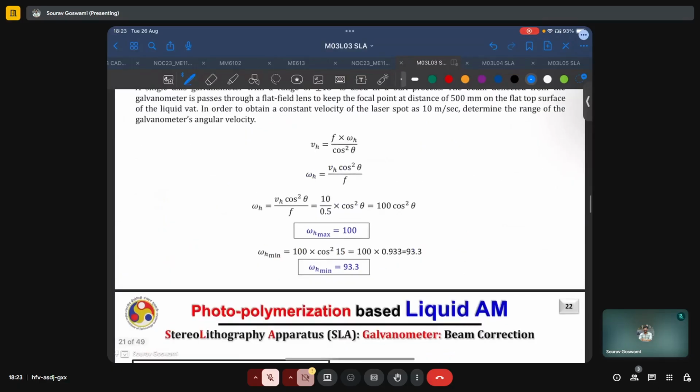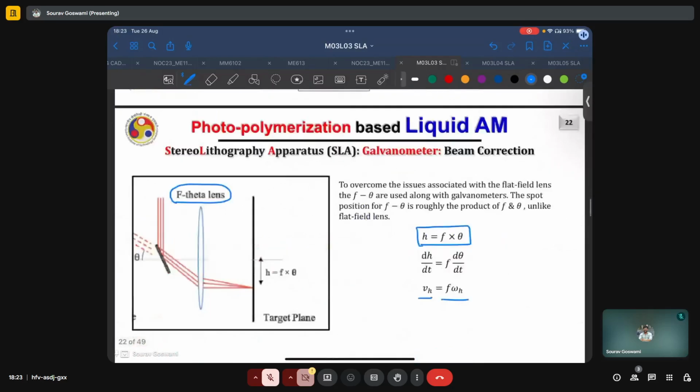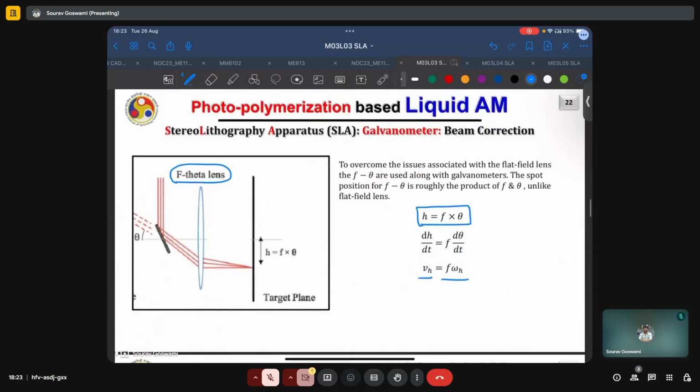Previously, there was also this factor of the angle of incidence theta, which will change dynamically as the galvanometer mirror is being rotated. But now that factor is no longer present, and we can control the scanning velocity of the laser spot directly just by modulating or actuating the angular velocity of the galvanometer mirror.